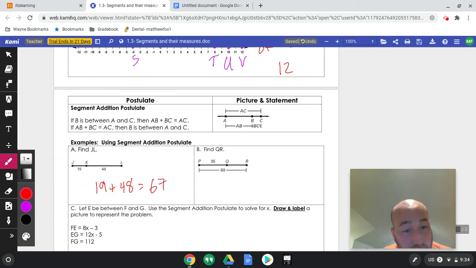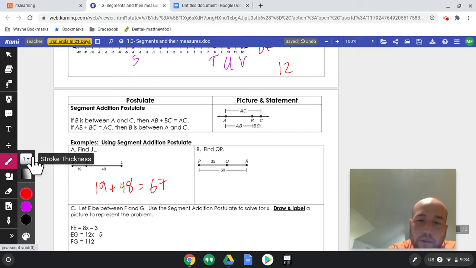Now, be careful because the next one is slightly different here. On the next one, it says find QR. QR is this chunk in here. We're saying 35 plus what gives us 60. So some of you are going to notice we can just subtract that and find what's missing. That works.